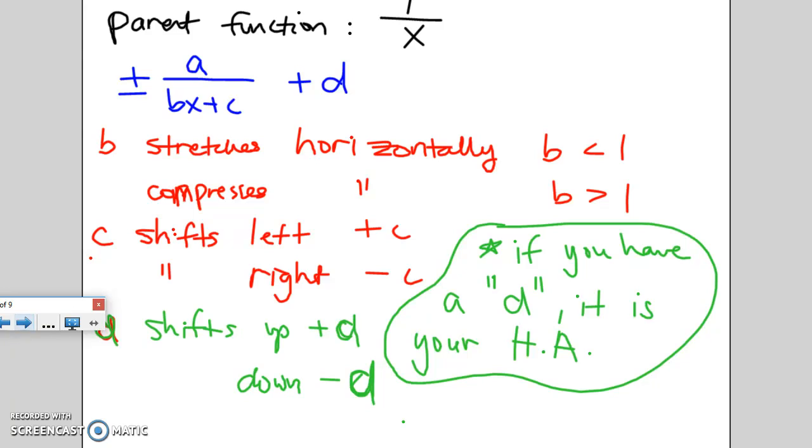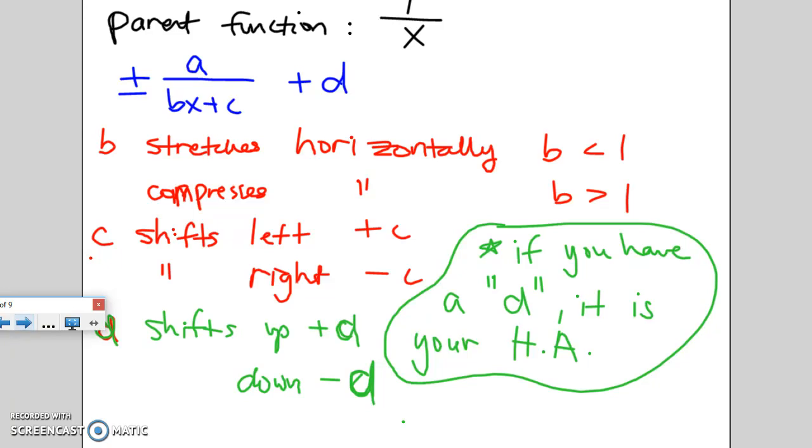They are the same as they were before. b and c are both on the inside because they're inside the denominator. So b stretches us horizontally. It does feel backwards because it stretches us horizontally if it's less than 1 and compresses us horizontally if it's greater than 1.